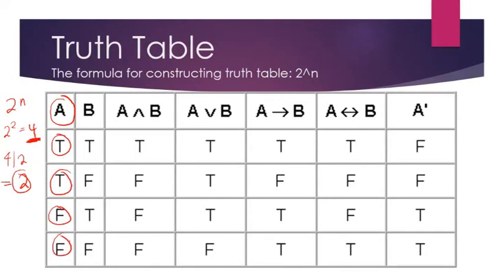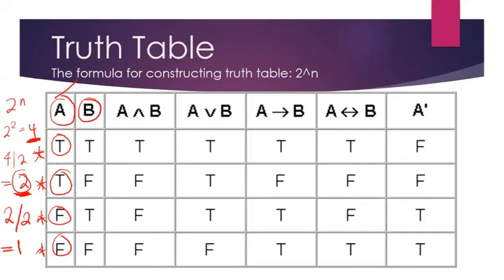Gawin mo yung pattern na yan until makarating ka sa pang-apat na grupo. Ito yung first na grupo, ito yung second, ito yung third, ito yung fourth. Na-distribute mo yung dalawang true, dalawang false. Now, kung ano yung last result, so 2, i-divide mo sa 2, so that is 1. Tapos ka na sa A, di ba?